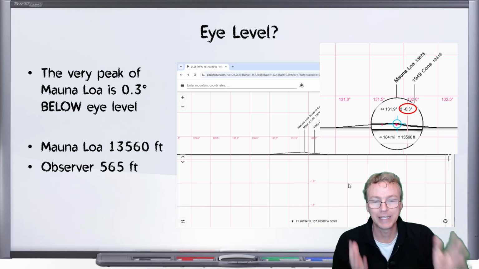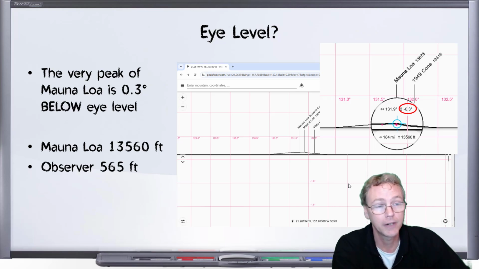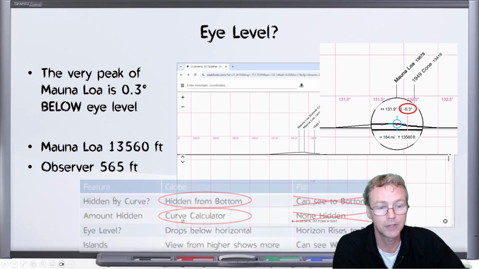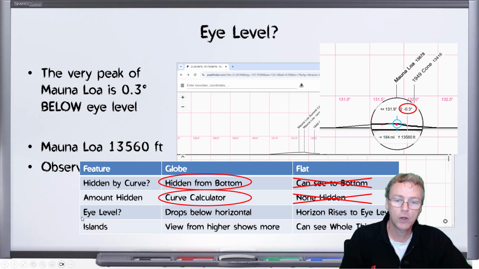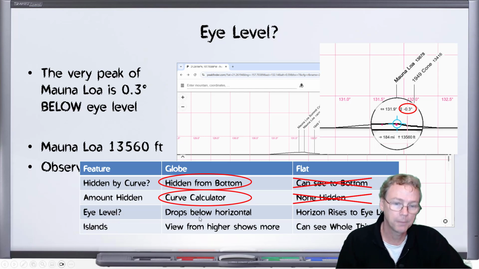This simulation includes a curve, and there it is right there for everyone to see. Let's look at our little chart. We already have hidden by the curve. We have hidden amount. Let's look at eye level. Yep, it does drop below horizontal. It clearly does. You see the negative number there. The horizon does not rise to eye level in this simulation.